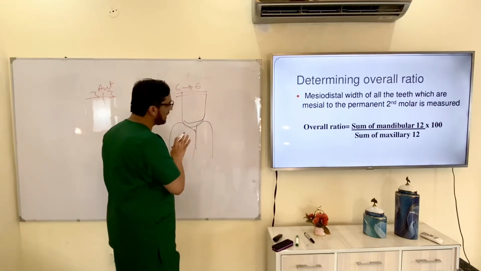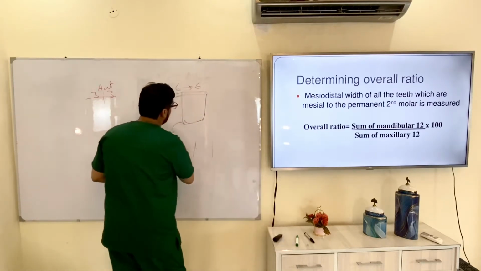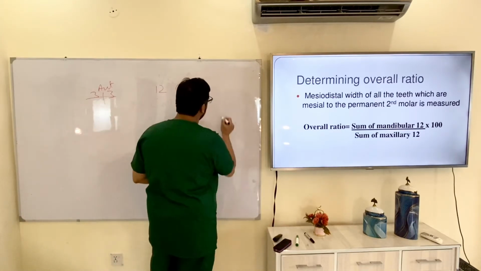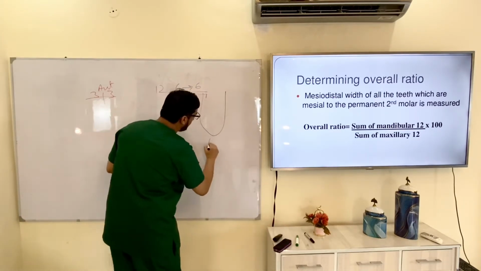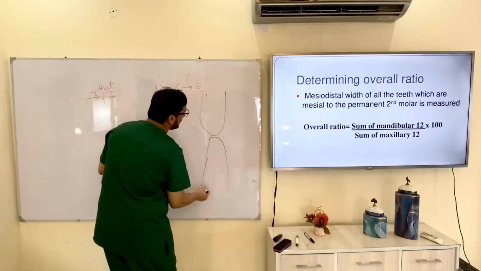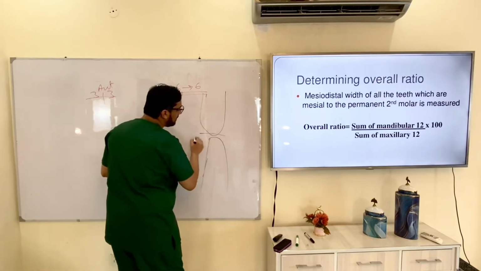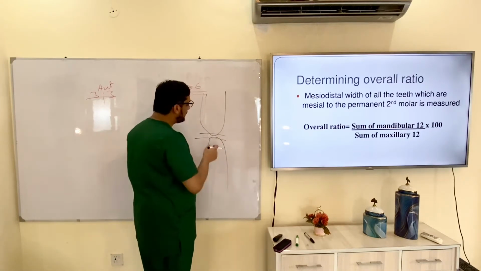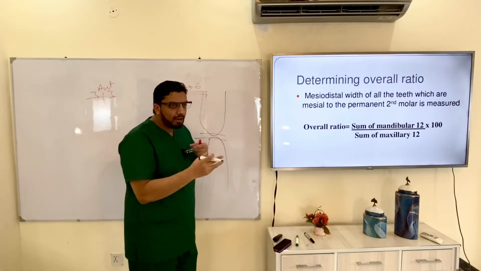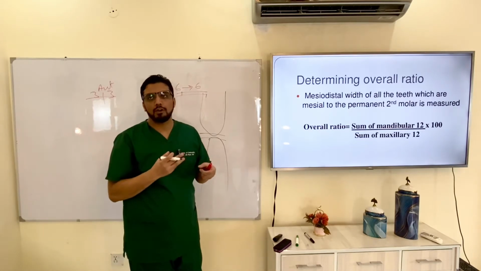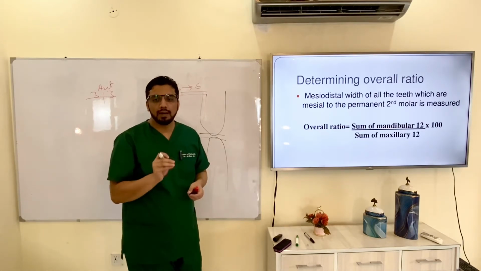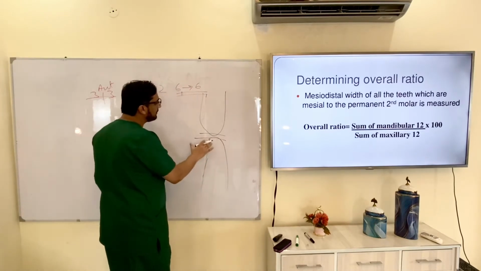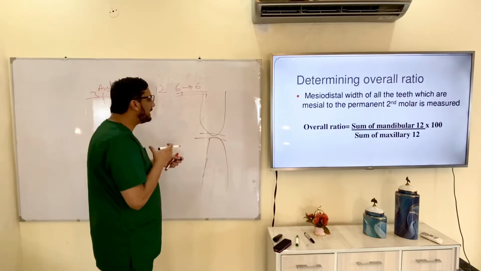Only then would you not have the possibility of attrition. Just imagine a situation where one cusp is hindering the opposing cusp. What would happen? They keep on touching, and there is a possibility of attrition leading to sensitivity. There is a possibility of lack of proper protrusive or lateral movement of the mandible, because these cusps will be interfering.